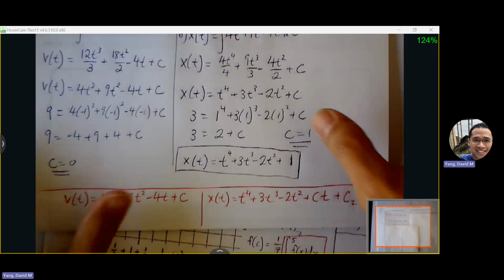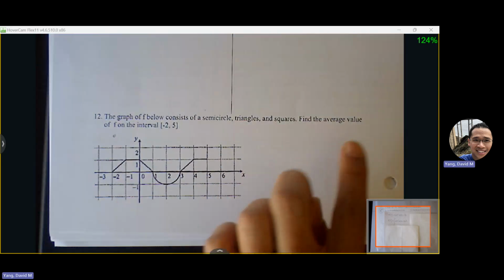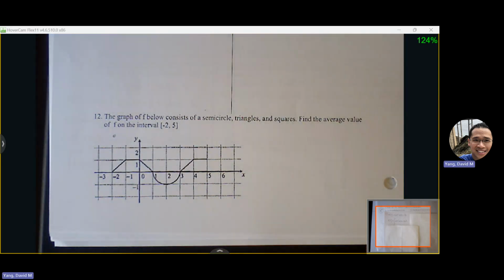All right, one last thing to go over with you is number 12. Number 12 says, given the region that you see between -2 and 5, find the average value.